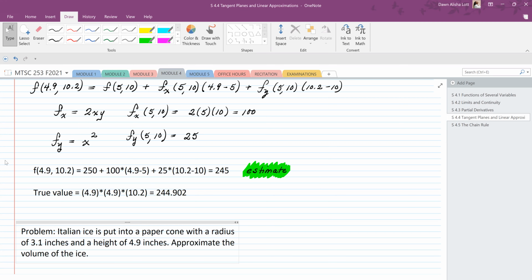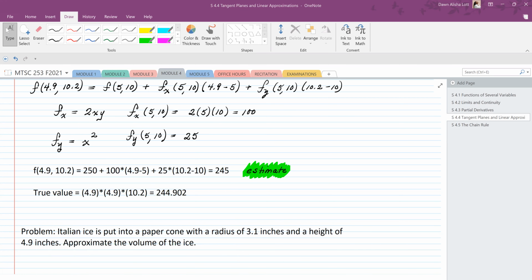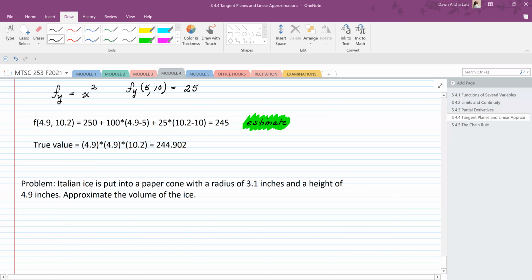Okay, so for this one, we need the volume of a cone. And the volume of a cone is 1/3 pi r squared h. So the volume Z is 1/3 pi r squared h. So that's the formula.